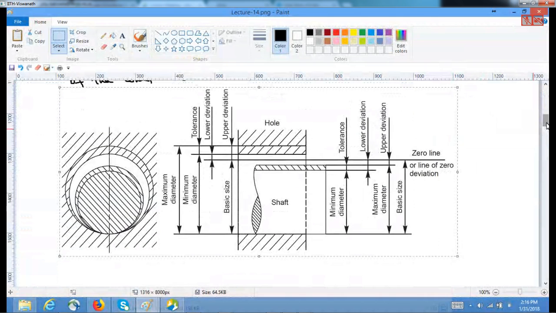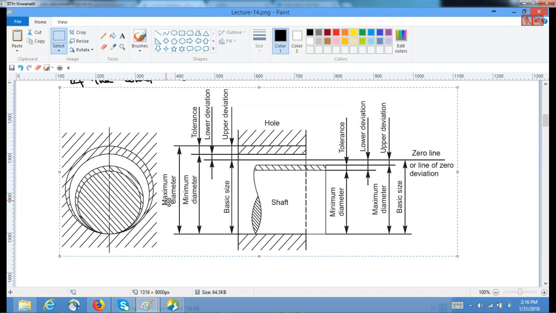Now, if you look at it, this is the hole. There is certain deviation in manufacturing there, and there is also the shaft. There is certain deviation in that.